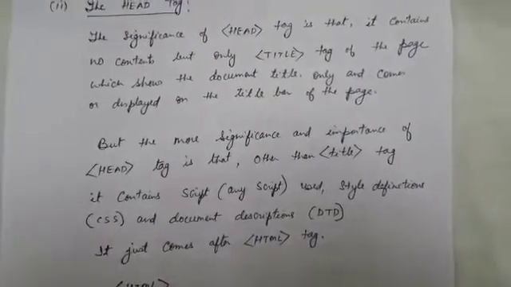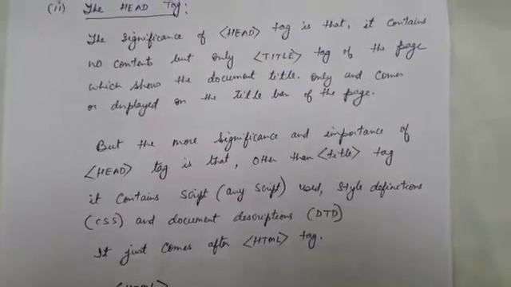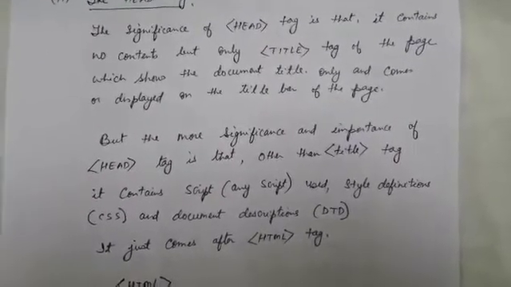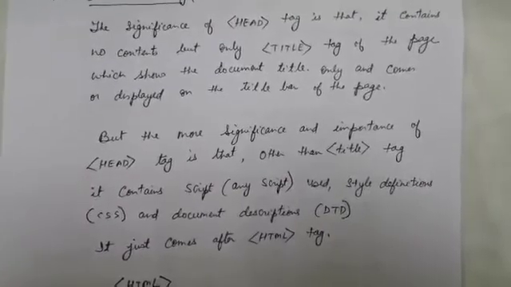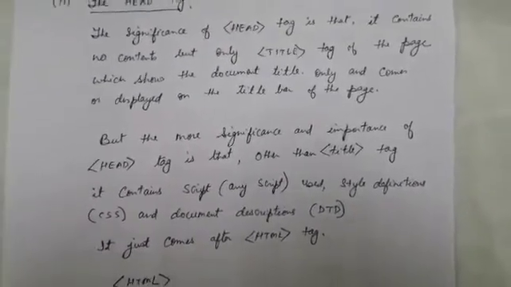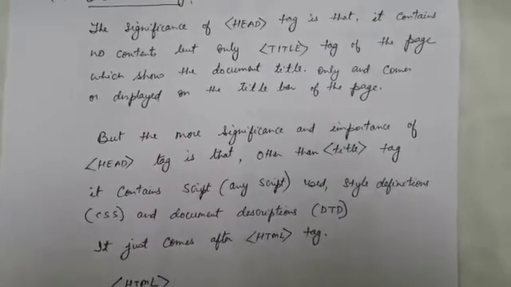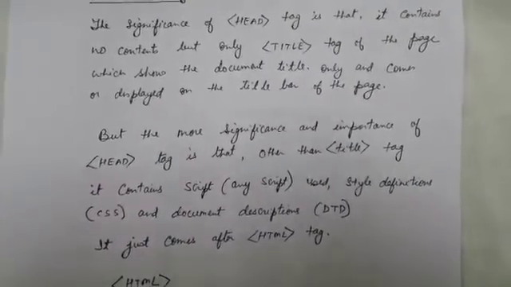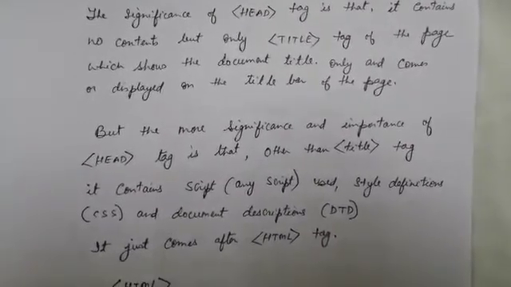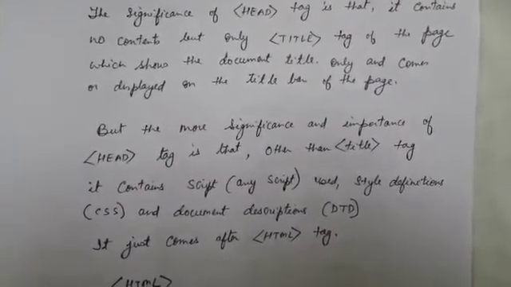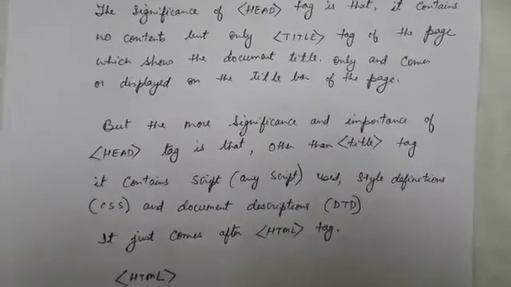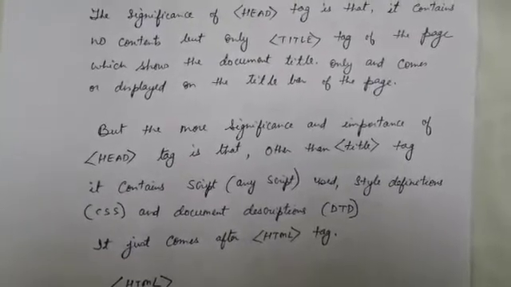If we are using some script in our HTML document, and why do we use a script? We use a script to make an HTML document interactive. Otherwise it will be static. But whenever you start using script, it will be interactive. So the script information we should include within the head tag.